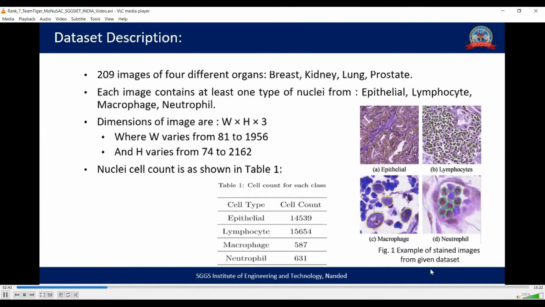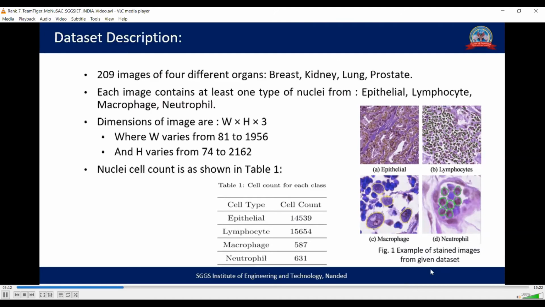In this slide, we describe the given dataset. The training cohort provided by the MoNuSAC 2020 challenge contains a total of 209 images. These images are collected from 4 different organs that include breast, kidney, lung, and prostate. Each image in the dataset contains at least one type of nuclei which are annotated by clinical experts. The images in the given dataset are of variable dimensions.